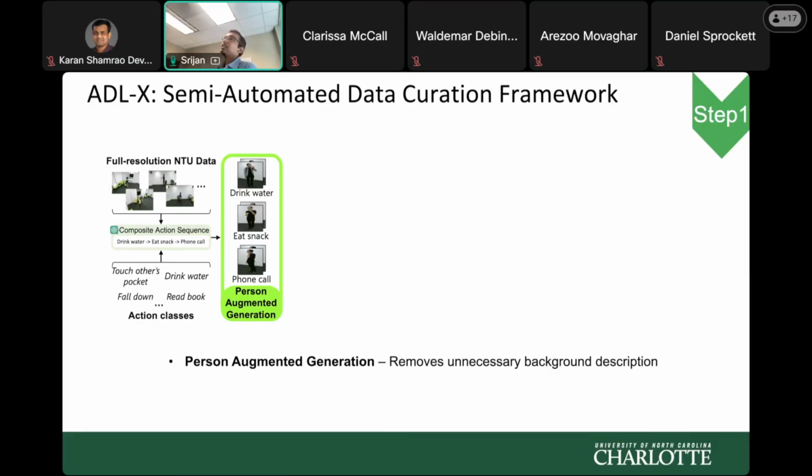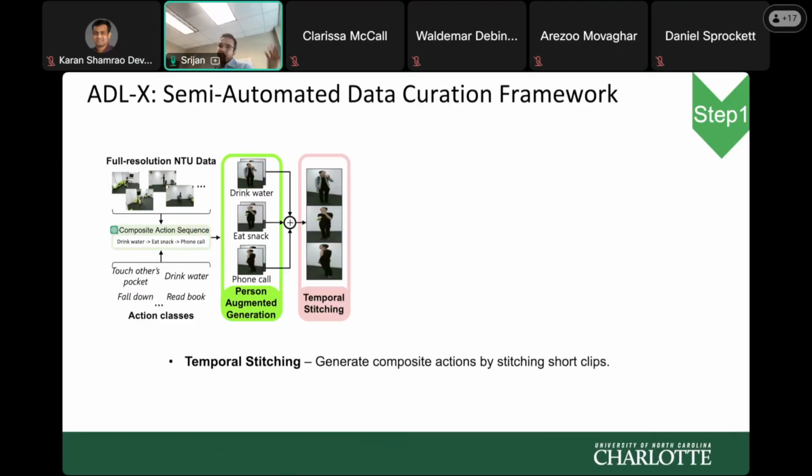Even if you are using very good prompt engineering, VLMs are not good in catching up the important region in the images. So we do something called person augmented generation, where we just crop out the person of interest where the action is happening. And that can be done basically by using some sort of detector.